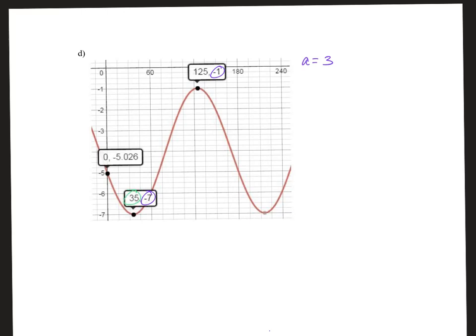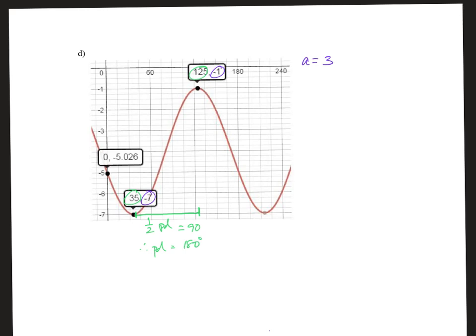I have that my minimum goes from 35 up to a maximum of 125. So horizontally then, the distance from minimum to maximum, half the period, is 90. Well, if half my period is 90, then my period is 180.